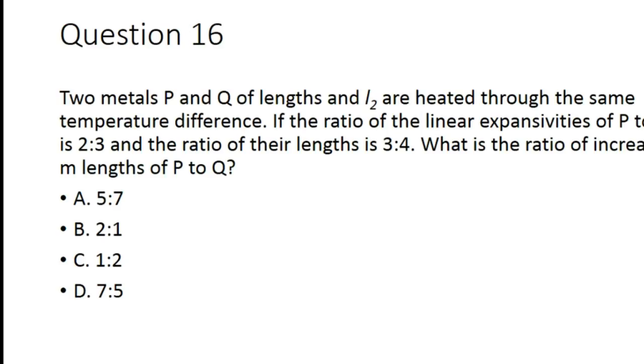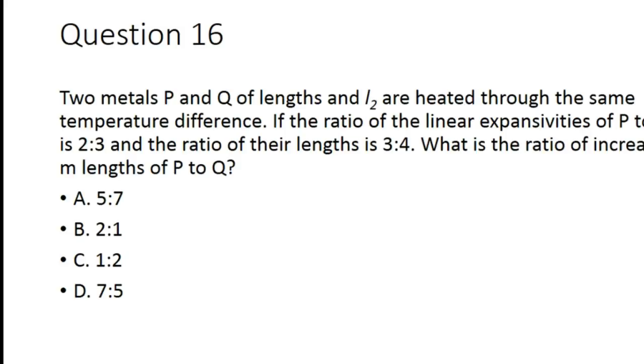16. Two metals P and Q of length L1 and L2 are heated through the same temperature difference. If the ratio of the linear expansivity of P to Q is 2 to 3, and the ratio of their length is 3 to 4, what is the ratio of increase in length of P to Q?